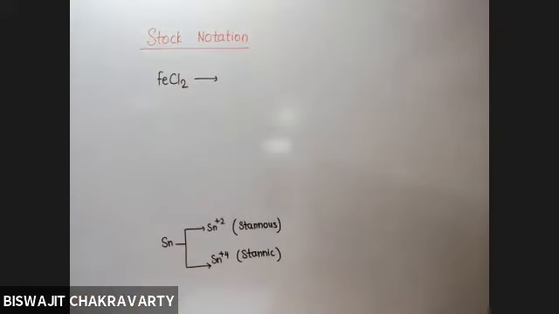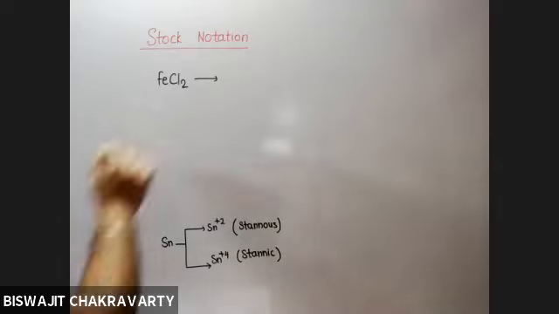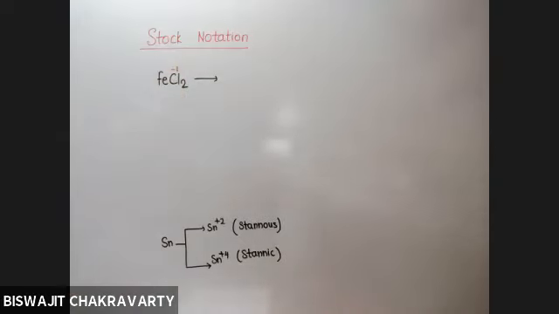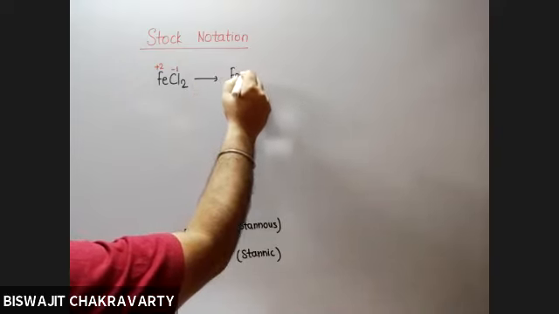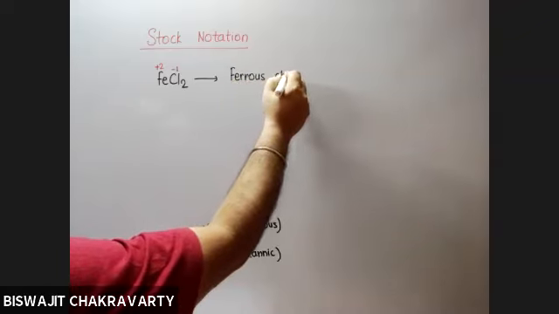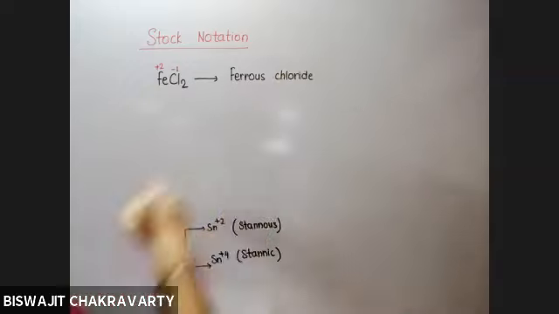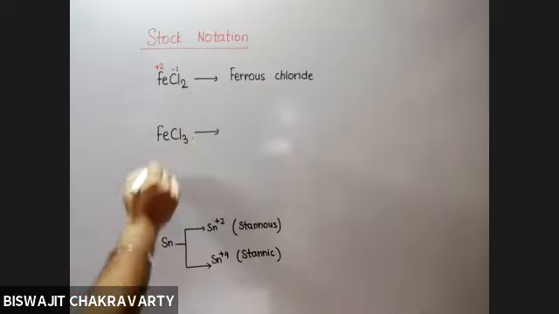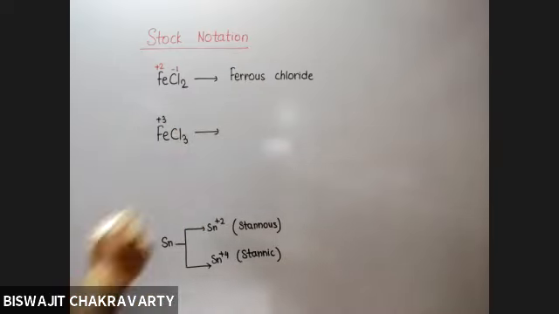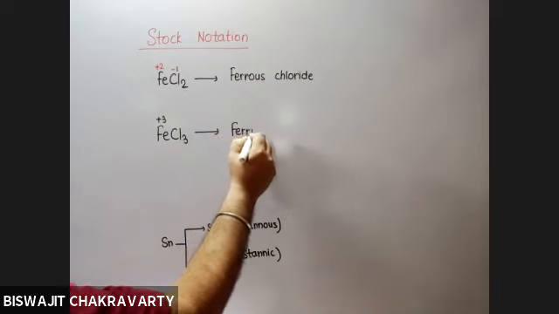What is the oxidation state of iron in FeCl2? If chlorine is -1, what will iron be? It will be +2, right? So what will the classical name be? Ferrous or ferric? Ferrous. Ferrous chloride. And if it is FeCl3, what name will we give? Ferric chloride.